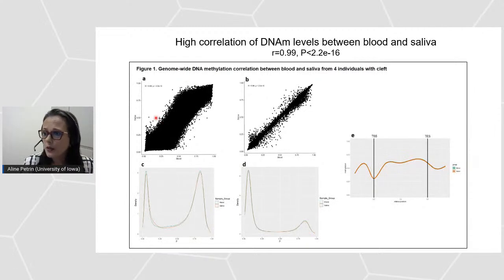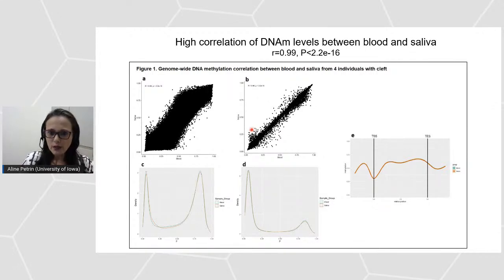We found a high correlation between blood and saliva, which could tell us that in the future there's the possibility of even combining both data sets, but we still need more information before doing that.